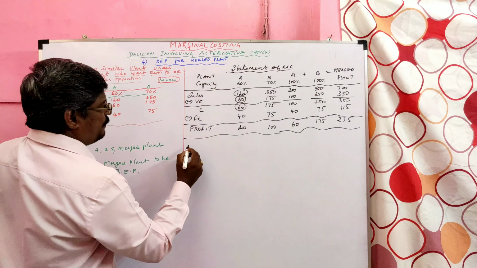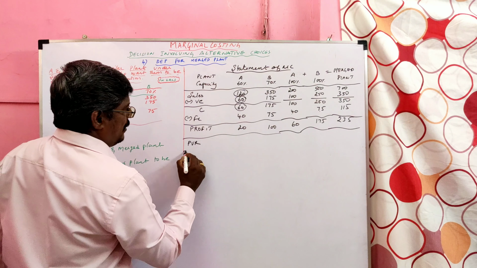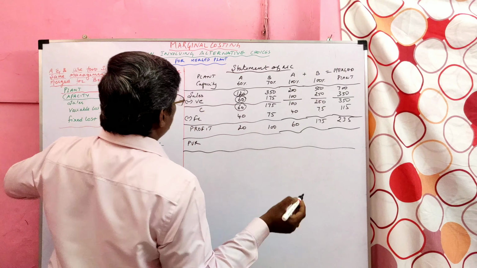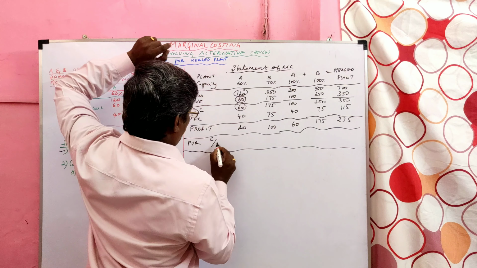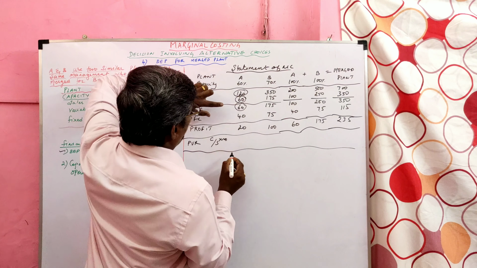Now we have to find PVR. What is the formula? Contribution divided by sales into 100.